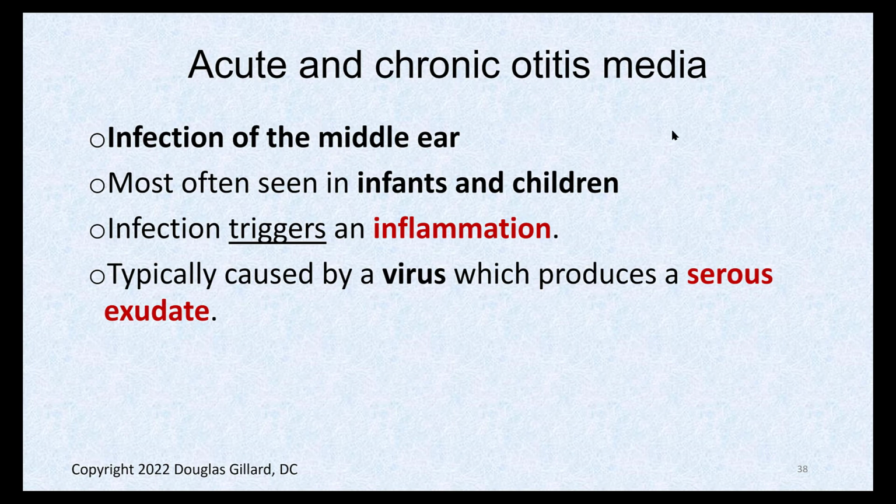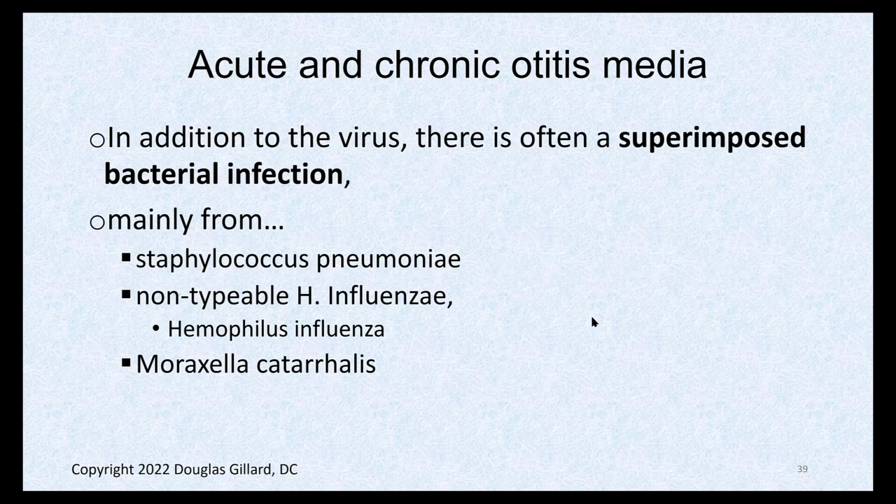All right, who's the bug usually? It's usually a double. It's usually virus first, then followed by bacteria. It usually starts as a virus, which produces a serous exudate. So you get a fluid starting to build up in the middle ear if this is going on. And then later, after the virus gets a foothold, bacteria can come into the area as well.